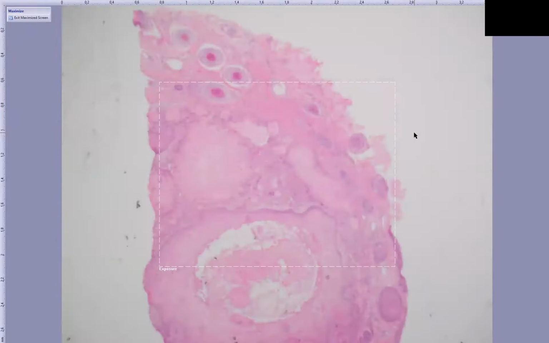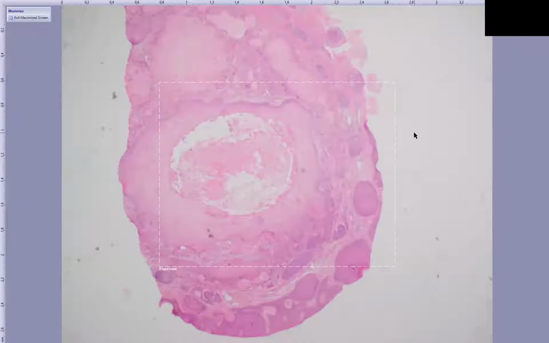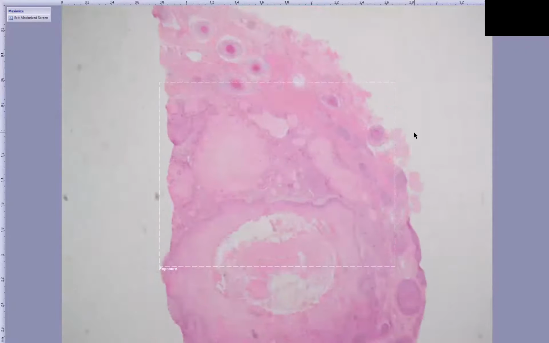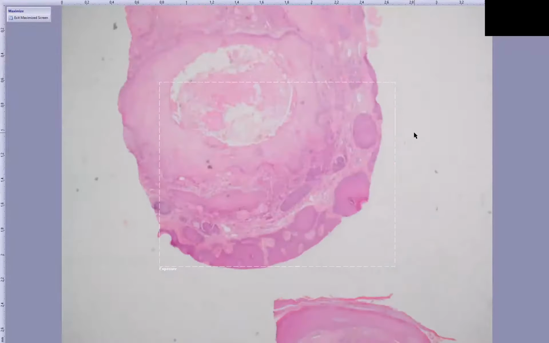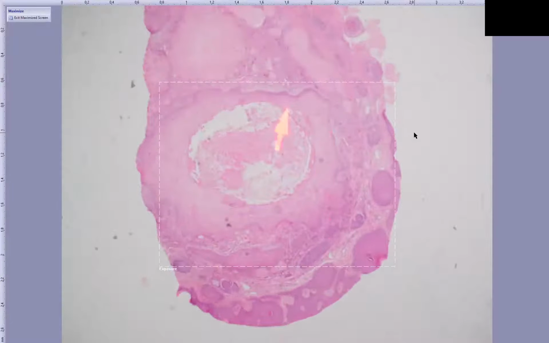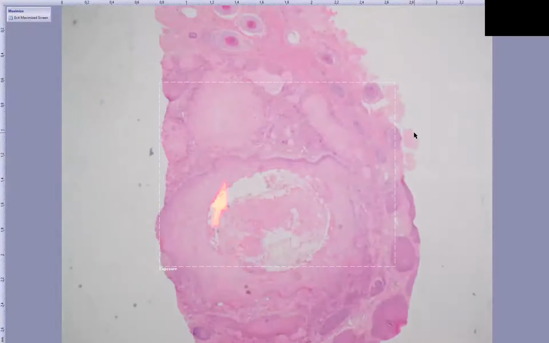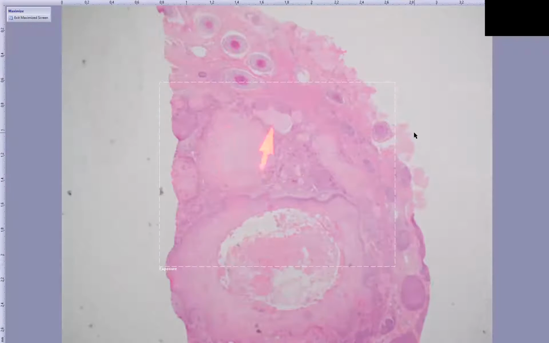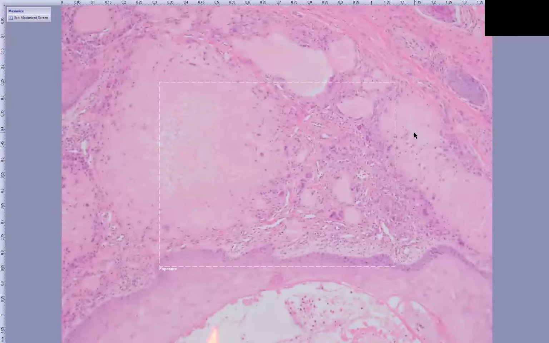Another type of foreign body granuloma that we see is this one here. Here we've got some epidermis above, and we've got a little bit of a cystic structure here. But I want you to focus on these pale pink amorphous deposits in the dermis. We're going to zoom in on those.